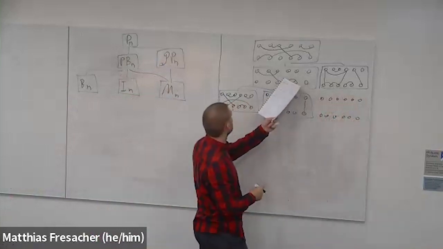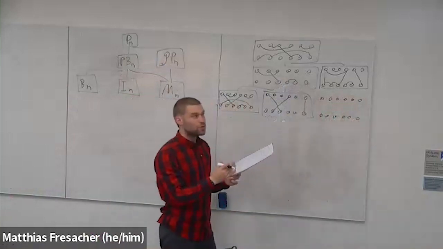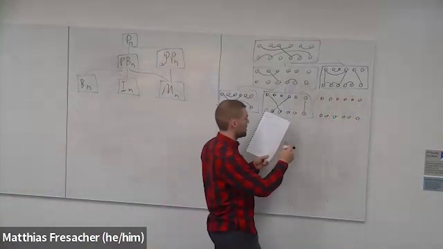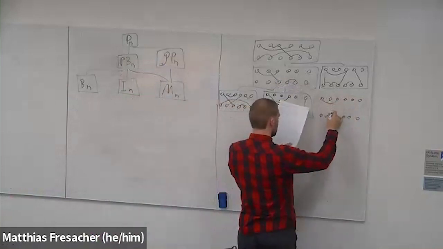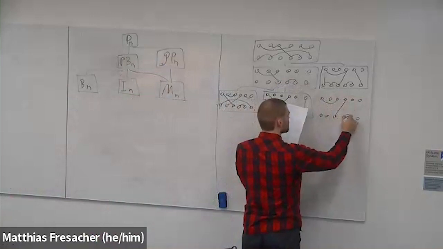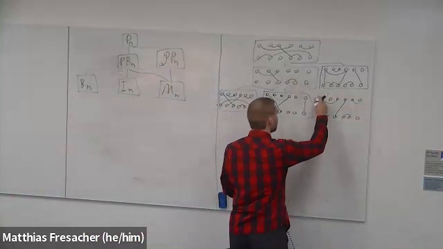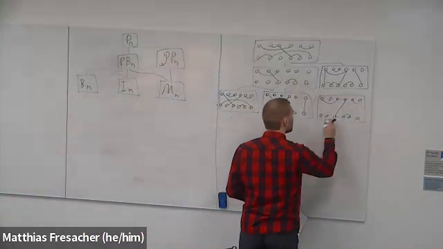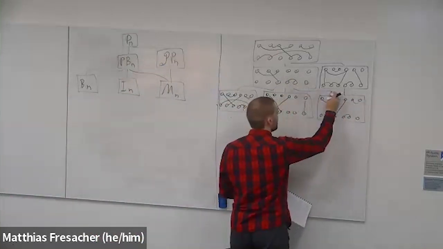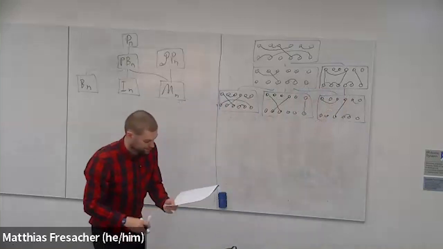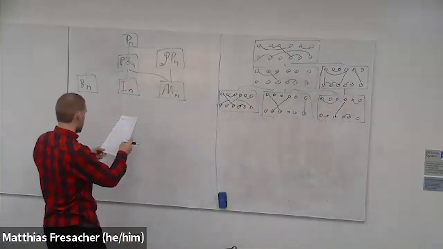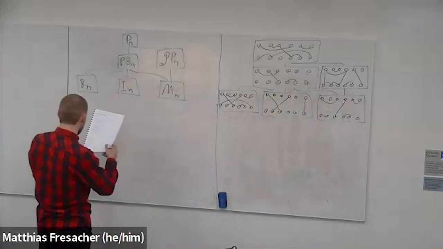Partial Brouwer means block size of 2 or less, and we have to be planar. So we can have something like this, underneath here and underneath here. All right, that's that layer done.